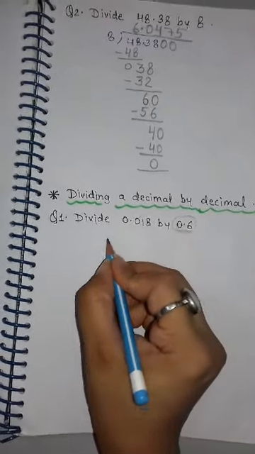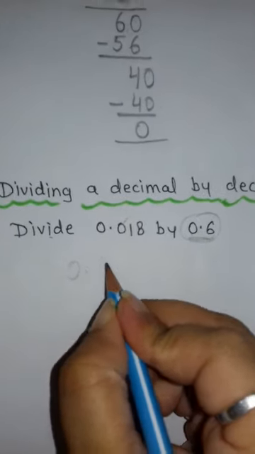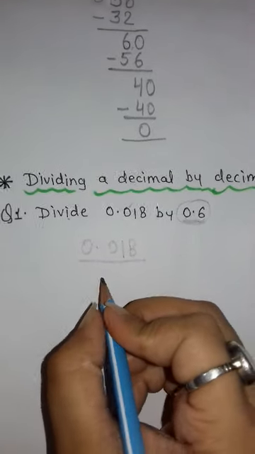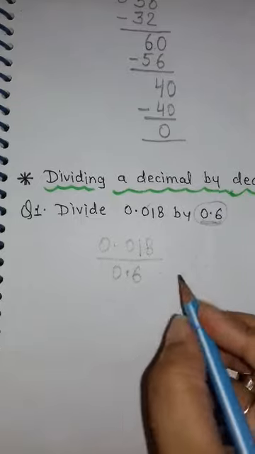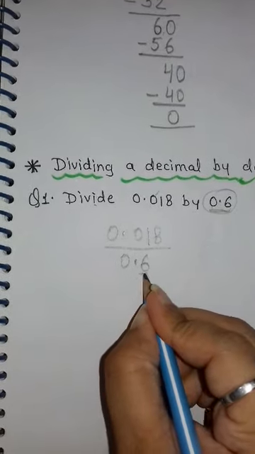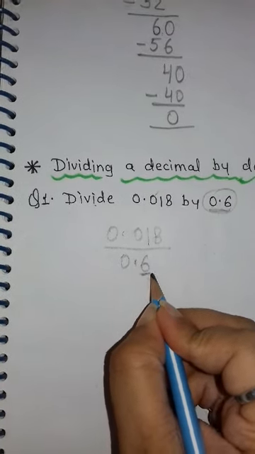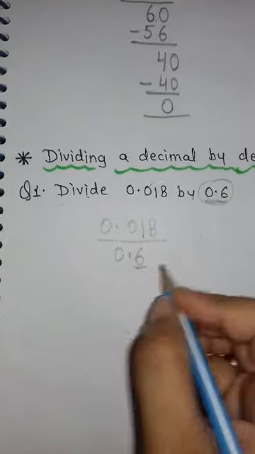Now 0.018 upon 0.6. Now count the number of decimal places here in the denominator. The number of decimal places here is 1.